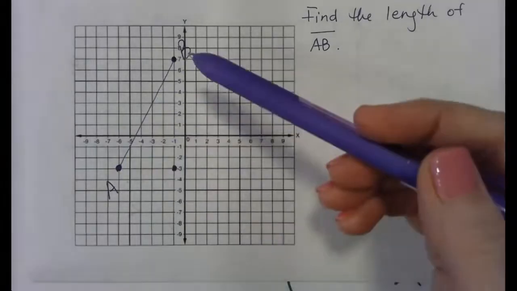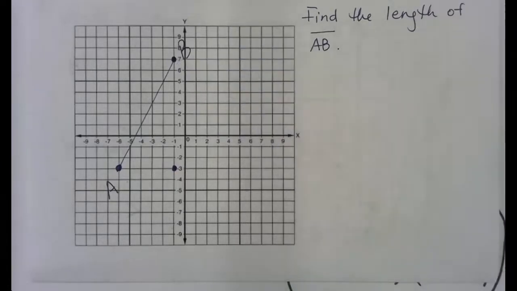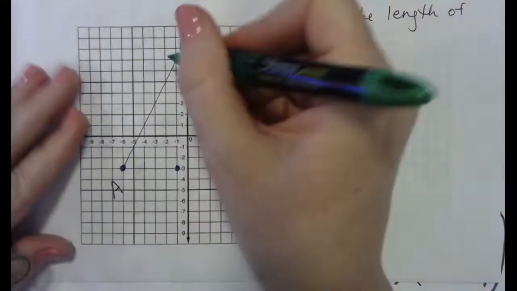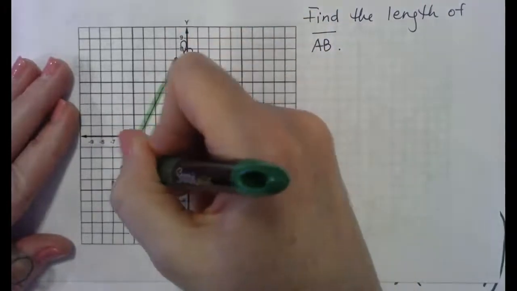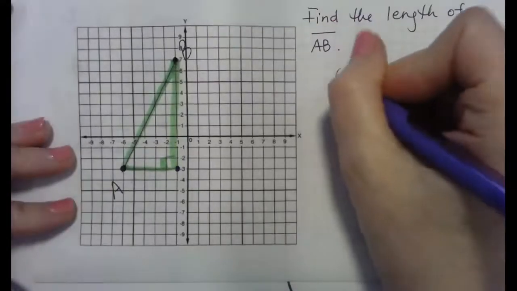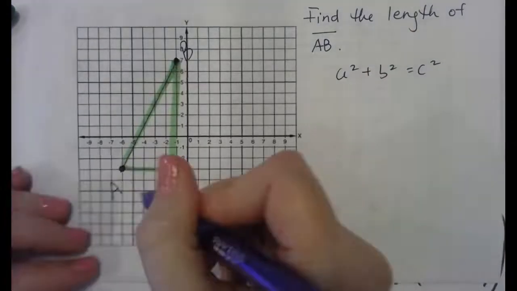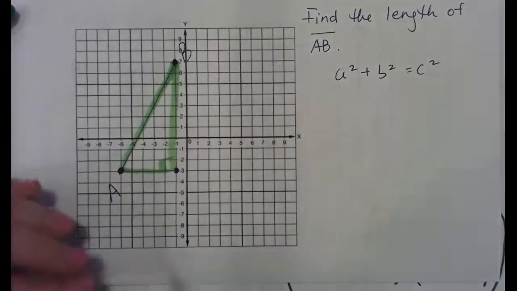If we want to know the length of AB, then we need to utilize the Pythagorean theorem. That's why I put a point right there, because we are going to turn this into a right triangle. The Pythagorean theorem is a squared plus b squared equals c squared, so we'll call this short side A. How do we go about finding the length of A?